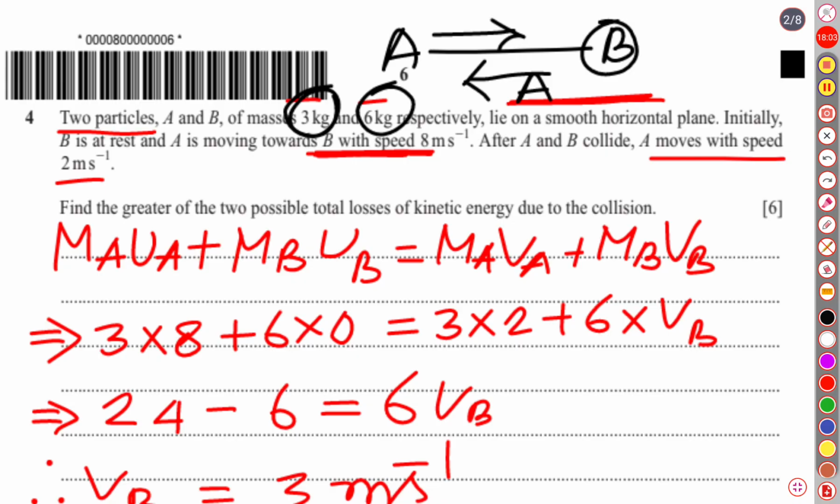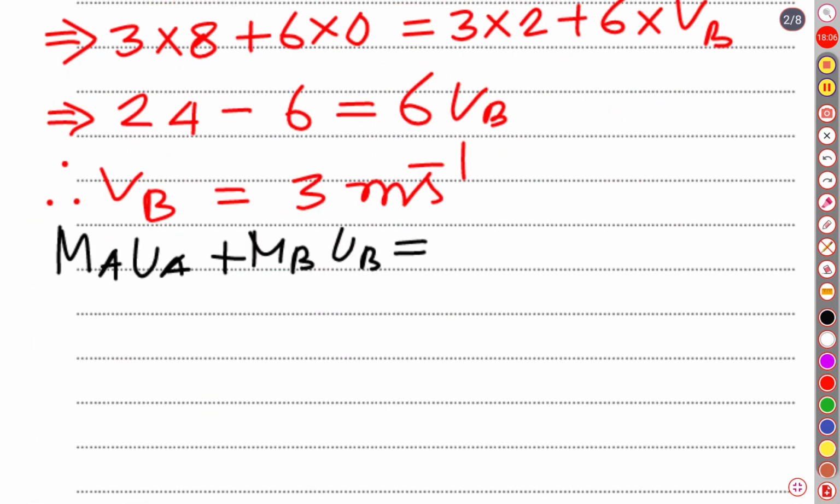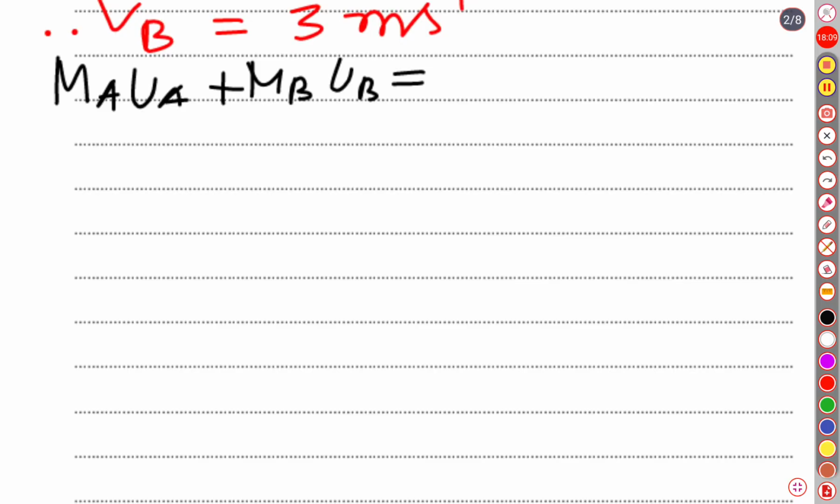So if A moves backward, the direction will be different and the velocity is negative. So minus MA and velocity of particle A after collision, plus, but B cannot move in the backward direction because A hit B. If B moves, B must move onward, in the forward direction. So mass of particle B and velocity of B just after collision.